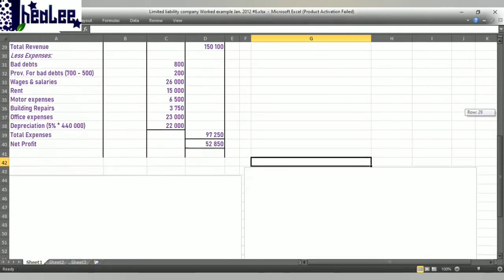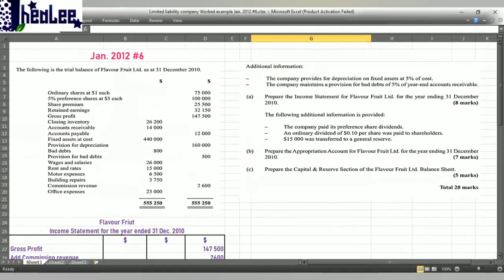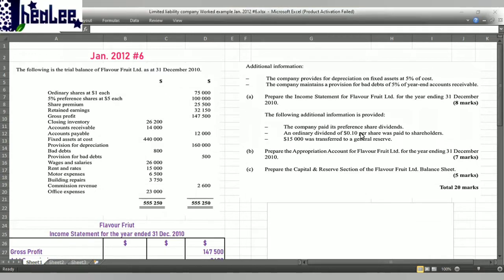All right. Now, the thing that I'm going to look at now is the appropriation account, where you're asked to prepare for part B. The additional information reads, the company paid its preference share dividends. How do we know the value to be paid out as dividend to our preference shareholders?